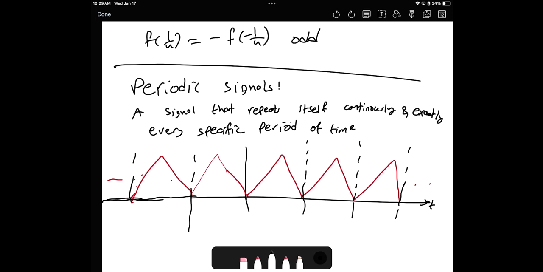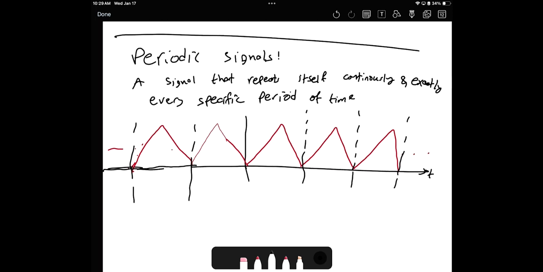You see it repeats itself, and the time between here and here we call T0, and the same here, the time between both ends equals T0, the same time, T0, T0. So we realize it is repeating itself every period of time. That period is called T0.